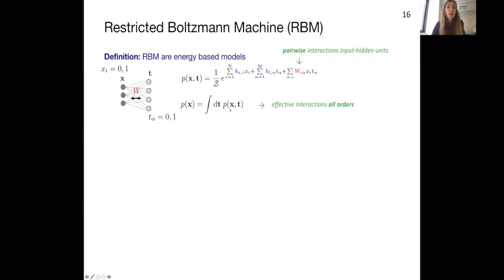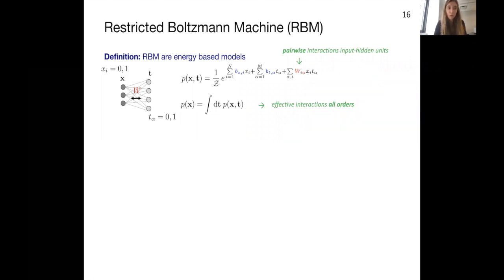Doing so, we effectively allow interactions at all orders between the different coordinates of the inputs. So we are not restricted to pairwise interaction terms. We can effectively model any type of correlations between the pixels, for example, if x was to represent an image.